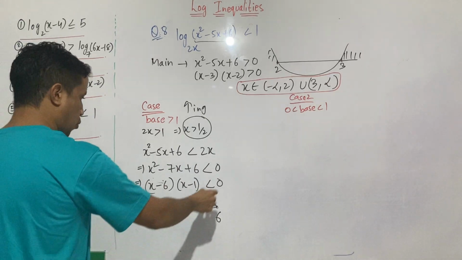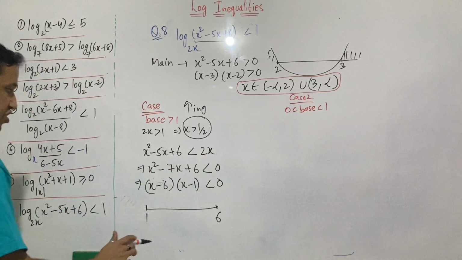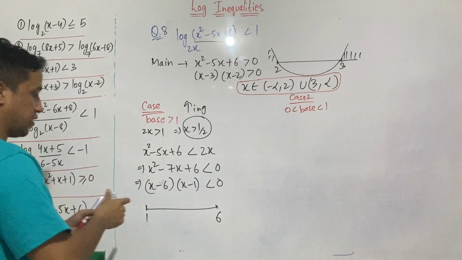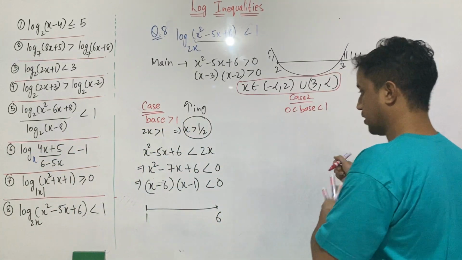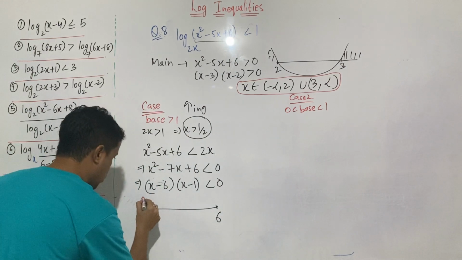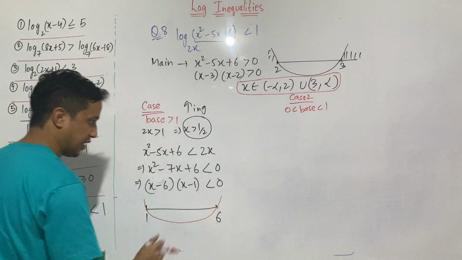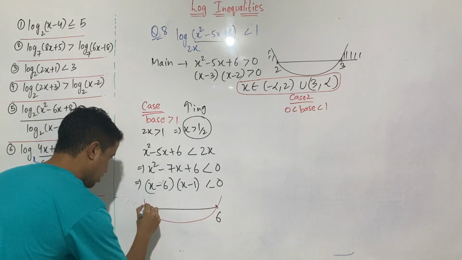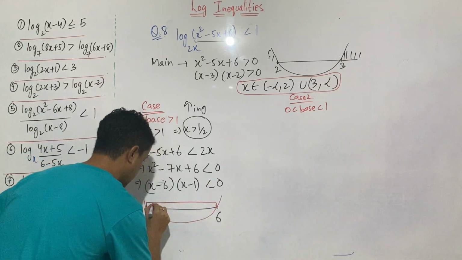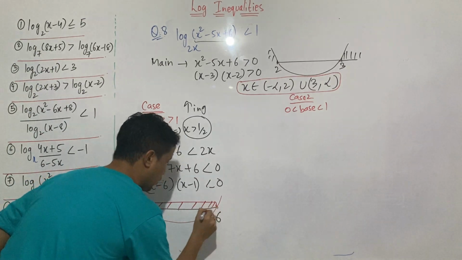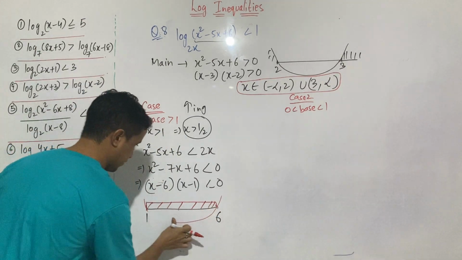It's going to be an upward parabola, and 1 and 6 are the roots. We are interested in negative values, so it means between them. In this region, the value of y is negative.